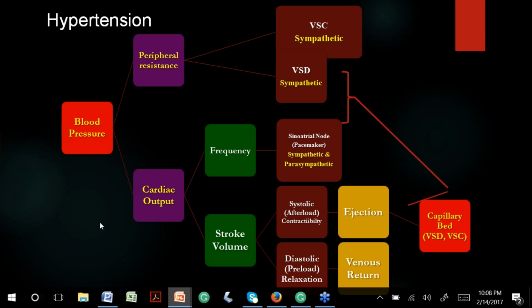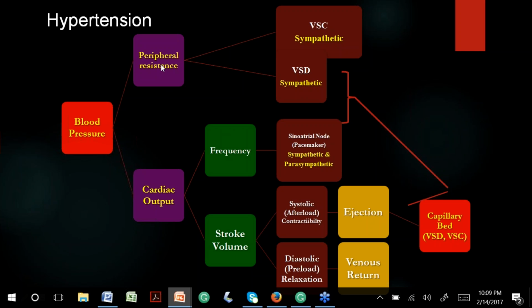One thing here, we have the blood pressure. Mostly these medications are going to treat hypertension and heart failure. So we have the blood pressure, the peripheral resistance and the cardiac output. Peripheral resistance increases when you have vasoconstriction.